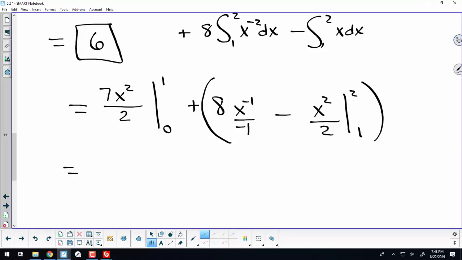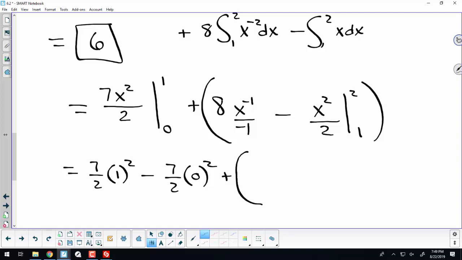Okay, so 1's going into 7/2 x squared, and we subtract off the lower limit into that function, plus this one's going to get a little lengthy. We're plugging in 2, and this is f of b minus f of a.